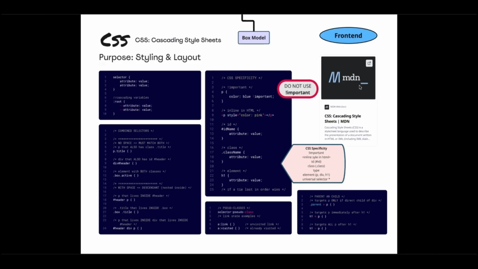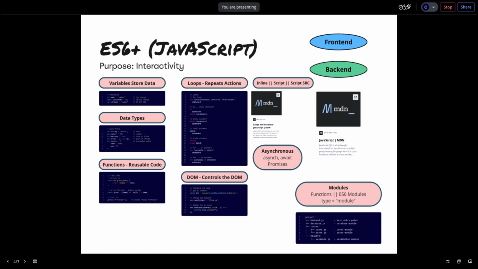And again, here the MDN for CSS styling becomes very important. And in the box model that we already talked about, the padding, the border, and all elements can be identified in the CSS styling. The next building block that is used is JavaScript.